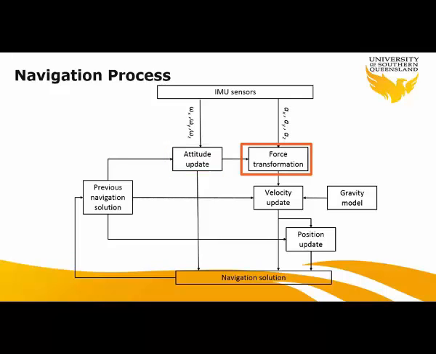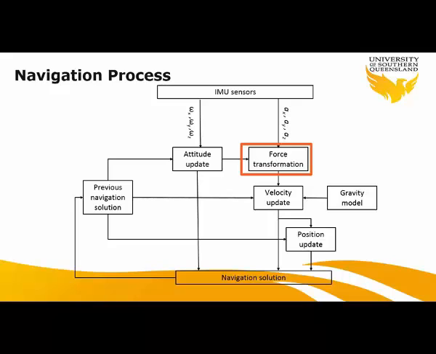The next step is we get the acceleration measurement from the accelerometers. The acceleration will be measured in the IMU sensor, and then it will be transformed to the G frame. I've shown you we are looking at the acceleration in G frame, not B frame.